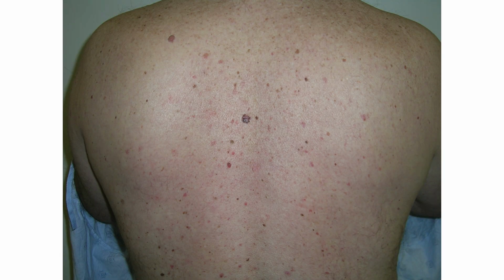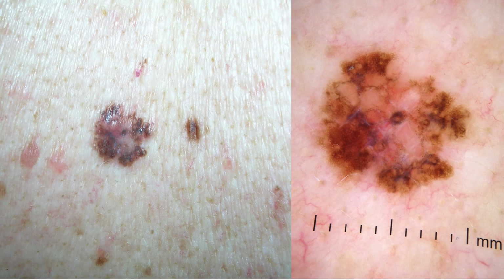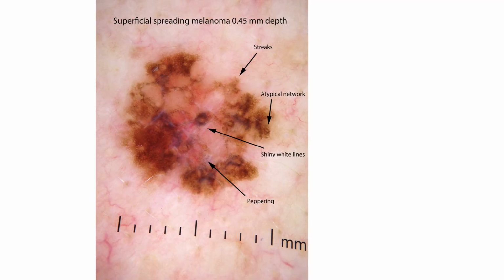Now this patient comes in with this ugly duckling here, and we look at it clinically, dermoscopically, and with this we're going to see these shiny white lines and some abnormal vessels and this abnormal network. And with all this chaos, we are suspecting a melanoma, which in fact is what we see.